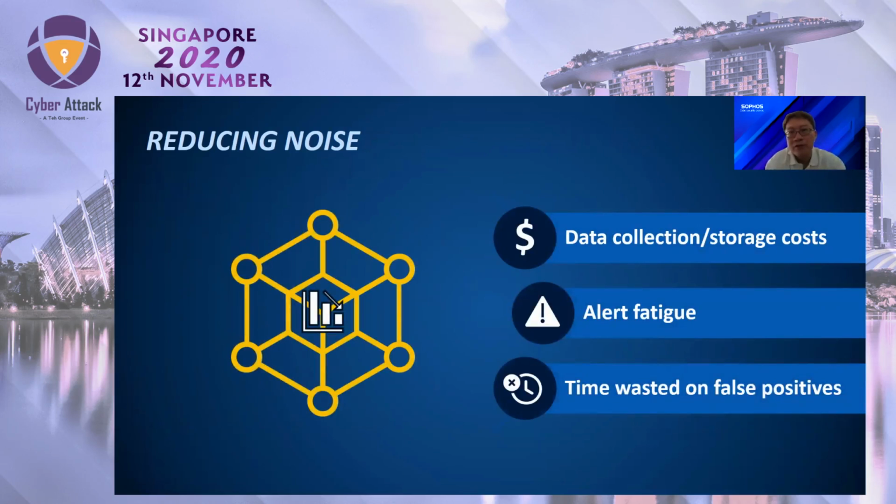When we talk about MTR, which is managed threat response, what we are really looking at is that based on the data collected, we can build up a picture to understand whether there is an imminent attack coming or an attack already in progress. So having said that, the data that is collected is of utmost importance.